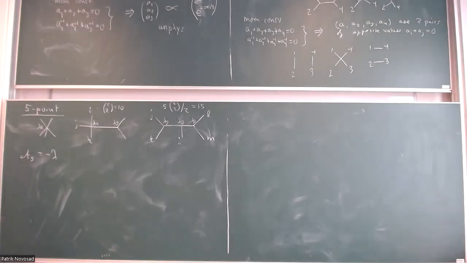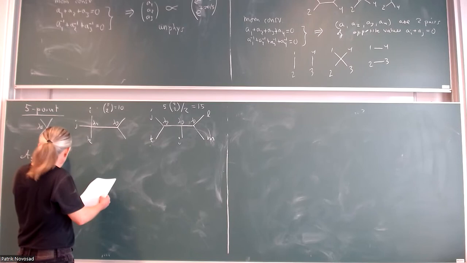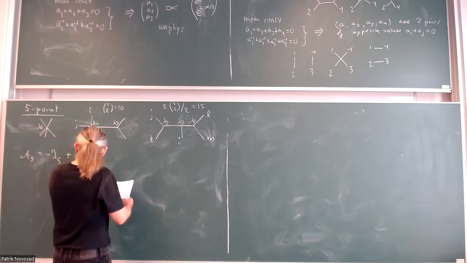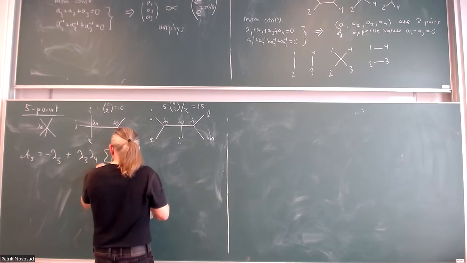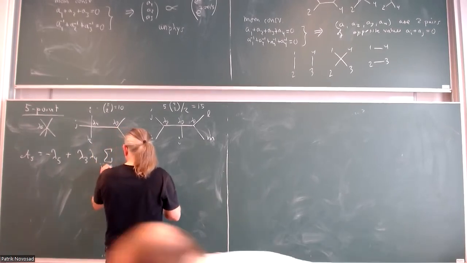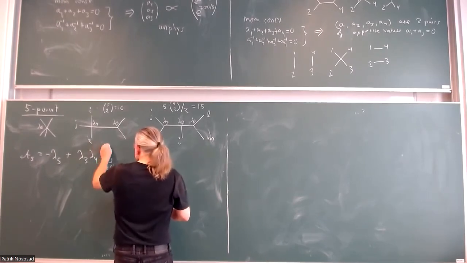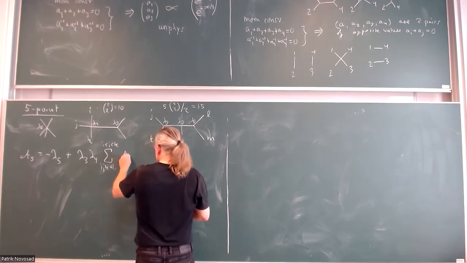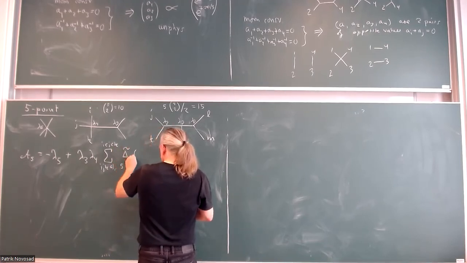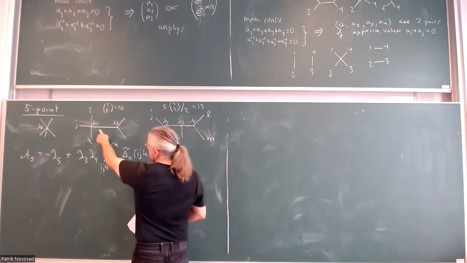Anyway, the point is we have lambda 5 here. That's the first diagram. And then this one is lambda 3, lambda 4, and then a sum over I, J, K belonging to 1 up to 5, where I, J, and K are ordered. And then we have delta 0, I, J, K here. So this is this diagram.